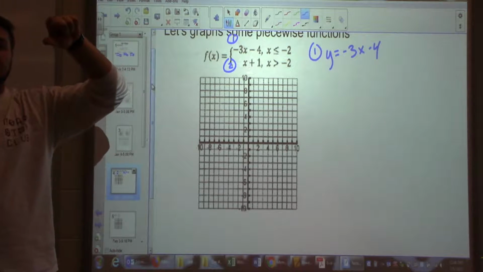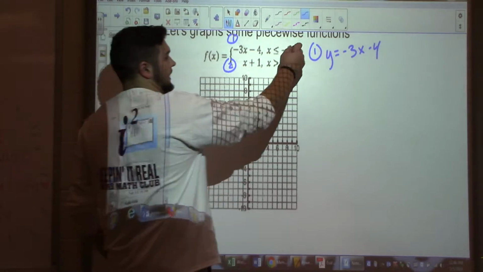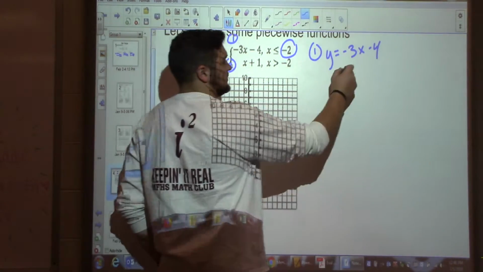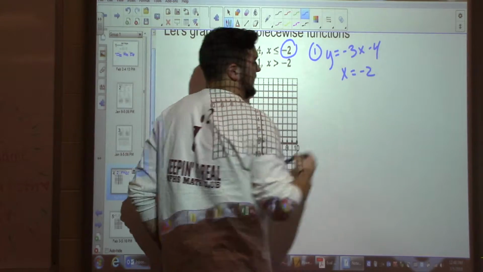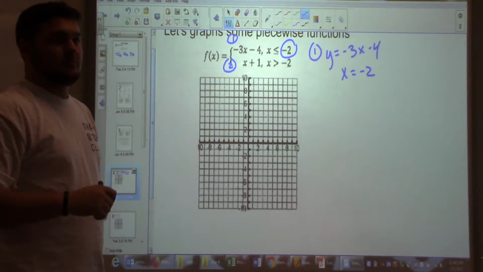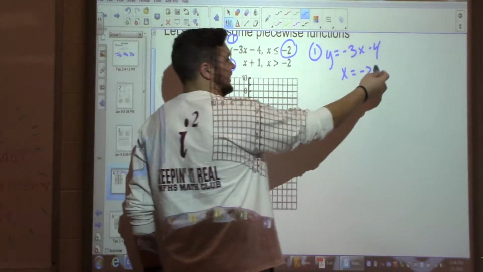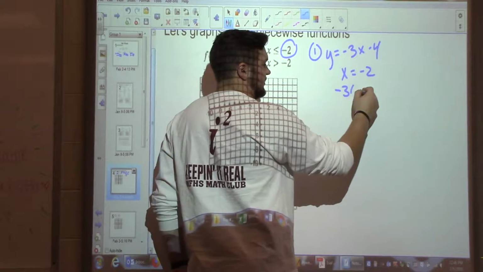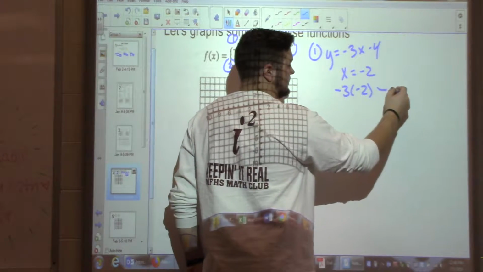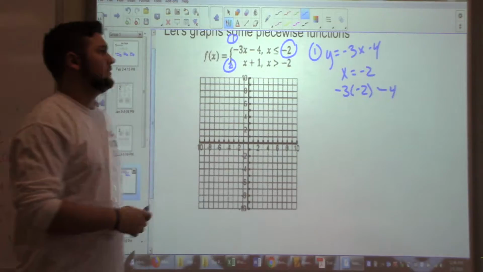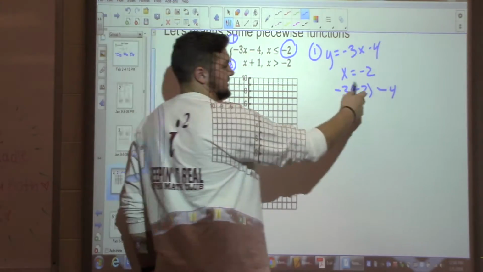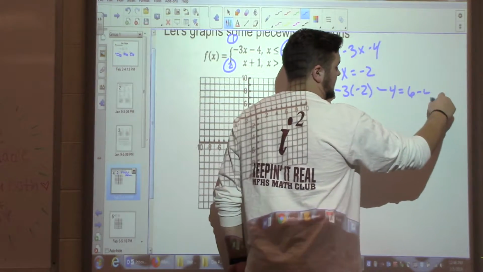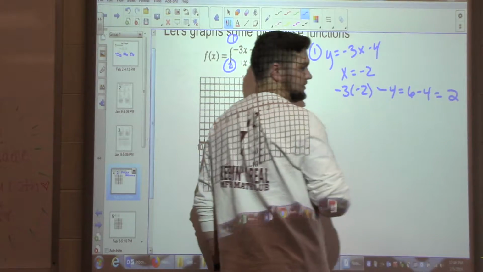We know what the endpoint is. So we're letting x equal negative 2. Find your endpoint. X equals negative 2. Plug it in to find our y value. Negative 3 times negative 2 minus 4. Well, negative 3 times negative 2 is 6, minus 4 equals 2.